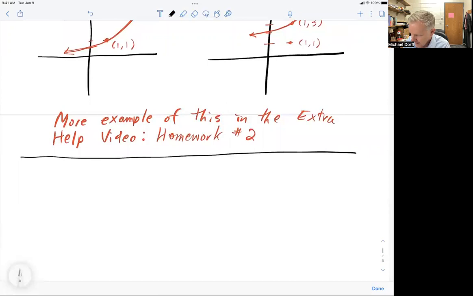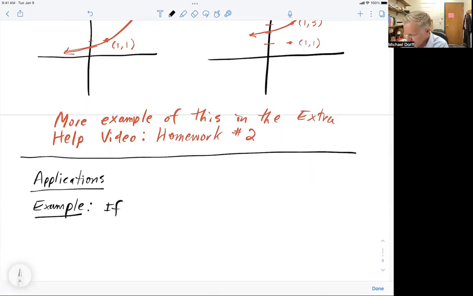All right. Let's do some applications here. So we're going to do an example, and this is similar to one that you will see in your homework. Suppose I have an exponential function, some constant C times a to the x.